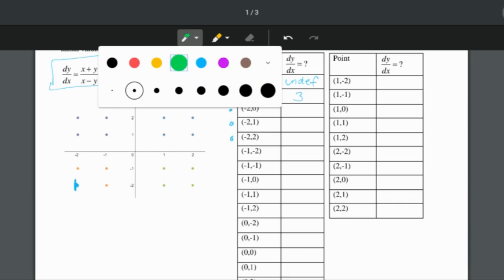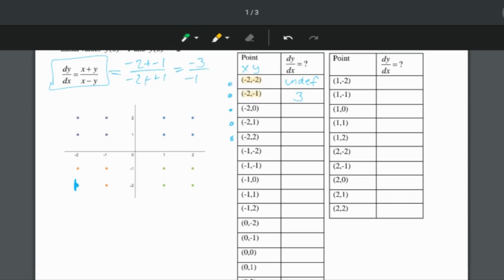Let me switch colors for this. At -2, -1, at this point right here, we need to graph a line that has a slope of 3. From this point, a slope of 3 would be up 1, 2, 3 over 1. If we graphed a line that had a slope of 3, this would be the line.